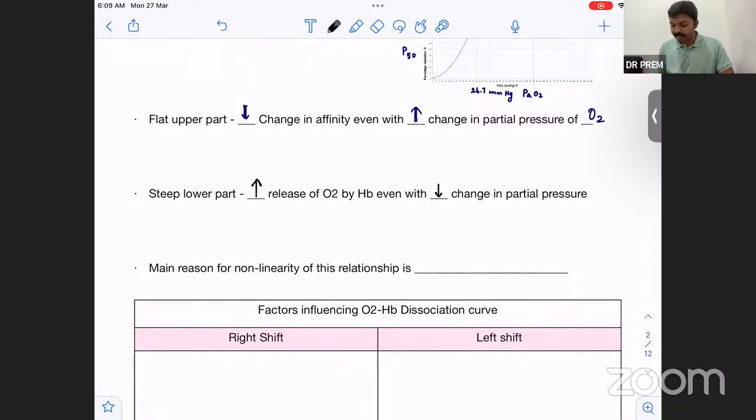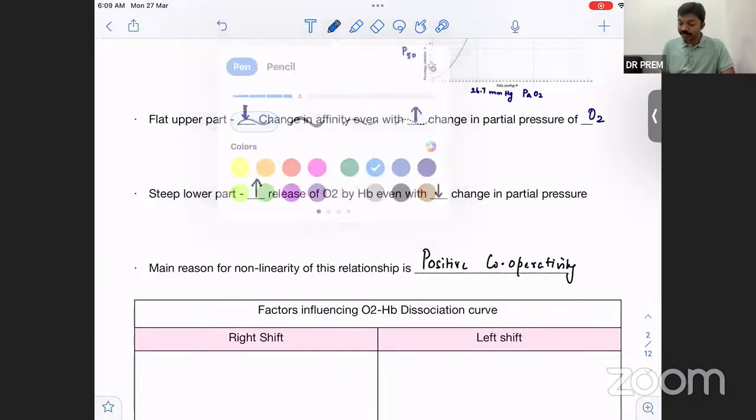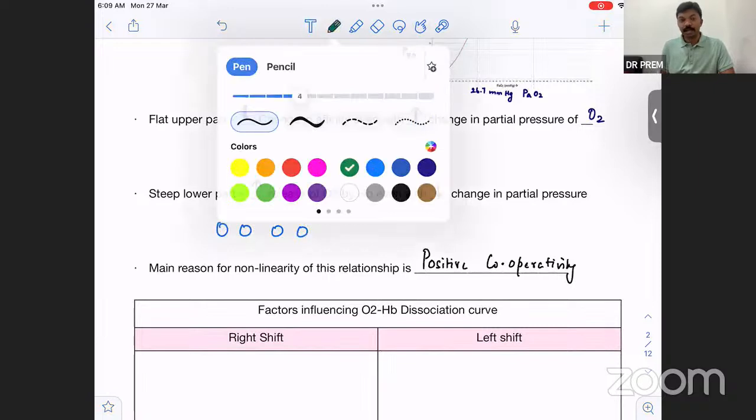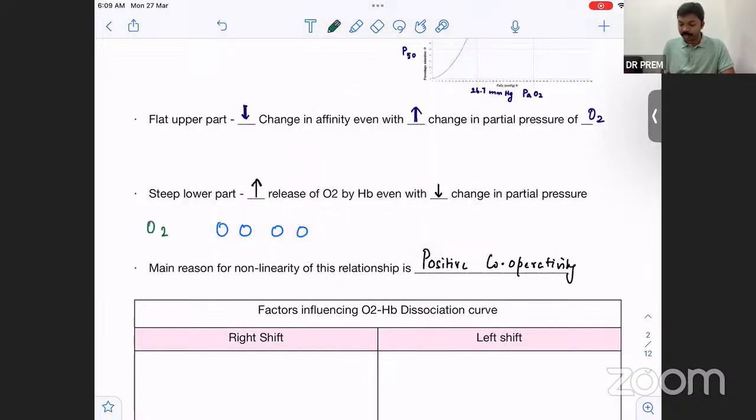We call this positive cooperativity. But the real meaning of positive cooperativity is, guys, there are going to be 4 heme chains, and oxygen is going to be combining with 4 heme chains, all right? 4 heme rings, to be clear.